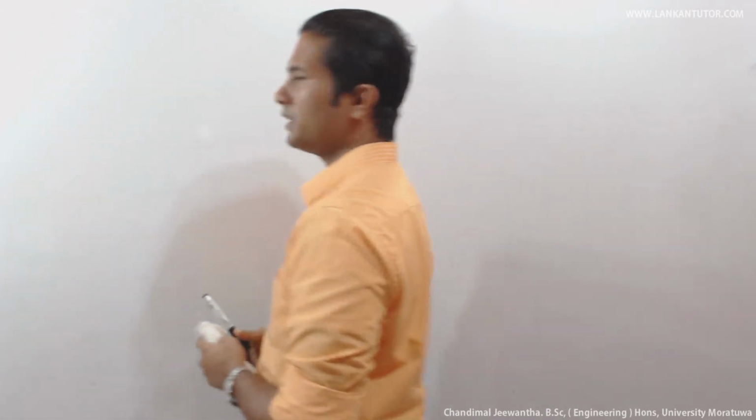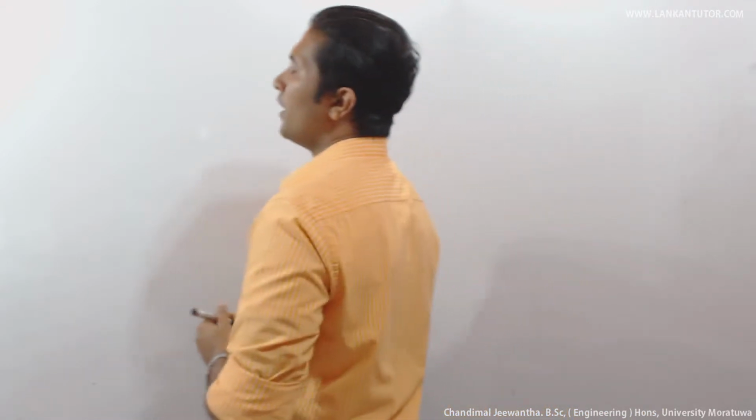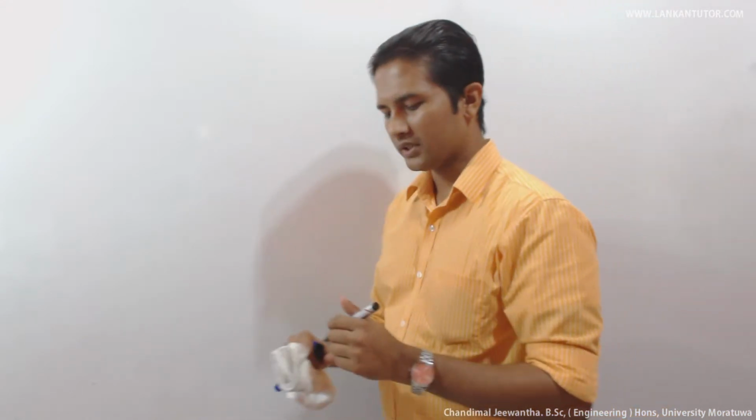Right, now we can consider multiplication between vector and scalar. What happens when a vector is multiplied by a scalar?